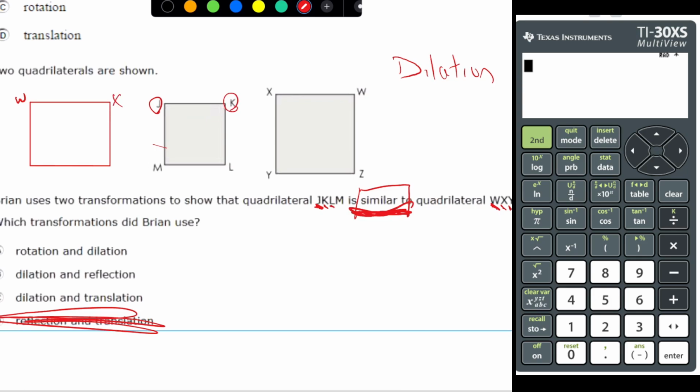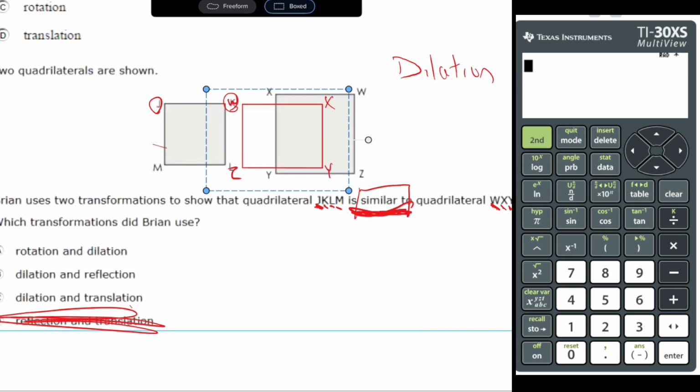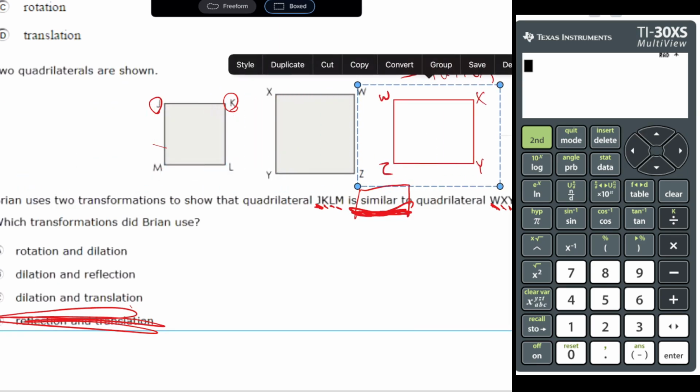L and Y correspond, and M and Z correspond. Now, here's what you have to look at, okay? If this were a translation, if you took this shape and you just moved it to the right, notice that the order of the letters didn't change.